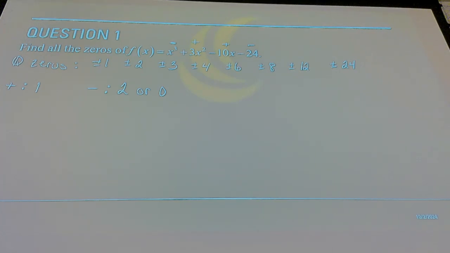Now we're going to use the fundamental theorem of algebra to make a chart of all the possible combinations we can have. Positive reals, 1. You could have two negatives.